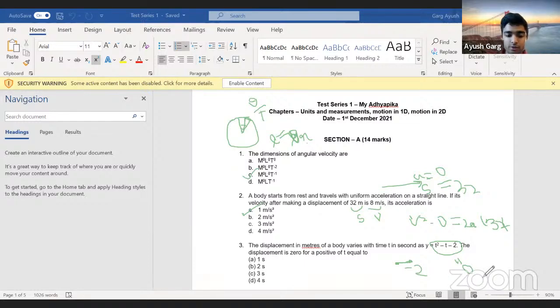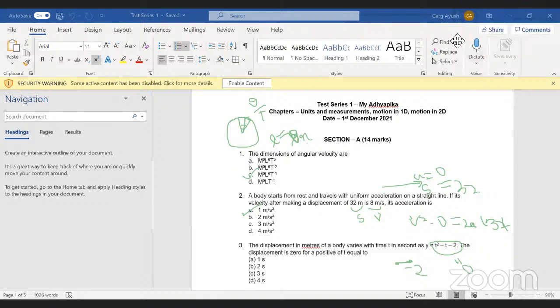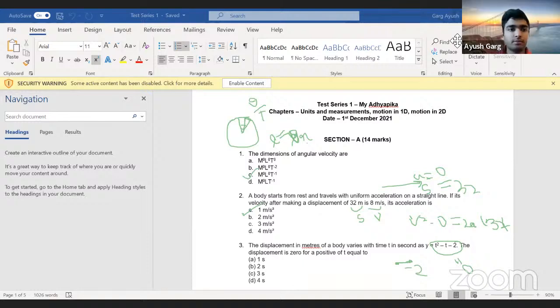Okay. So I'm sure you guys must have done quadratic equations in your childhood, and this is exactly it.